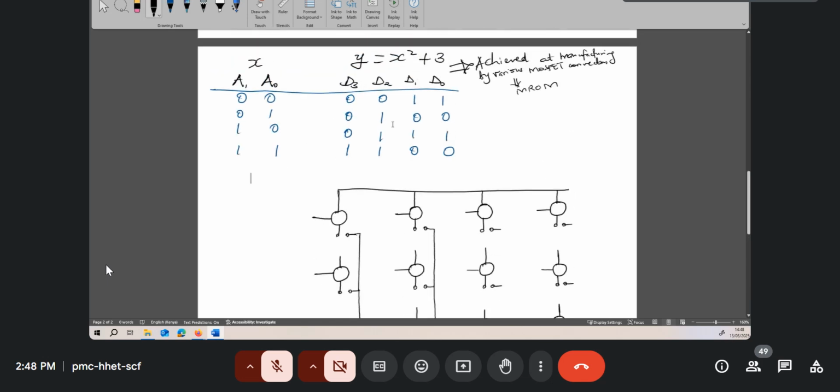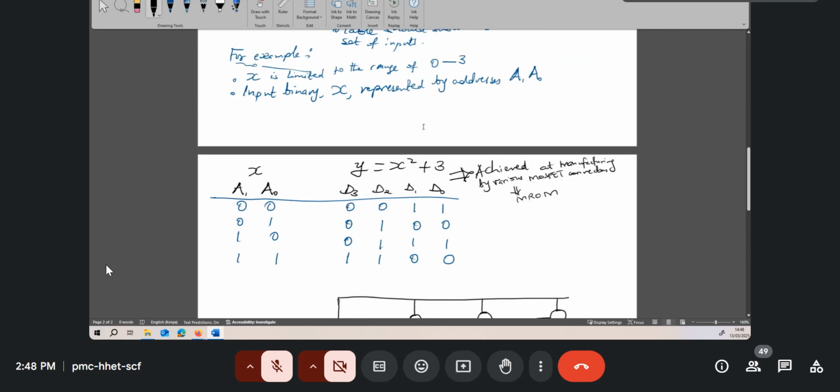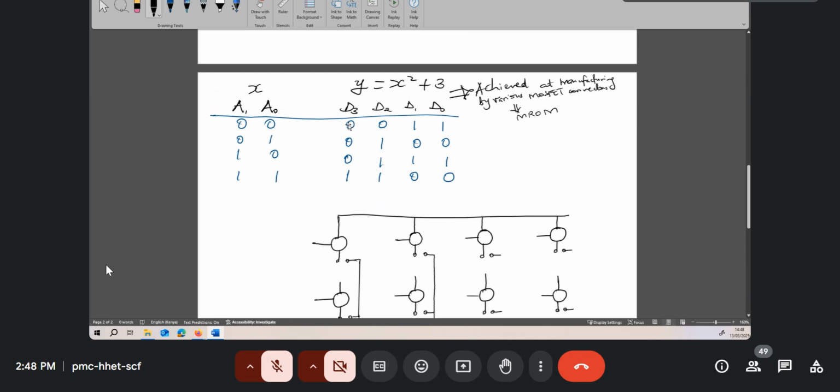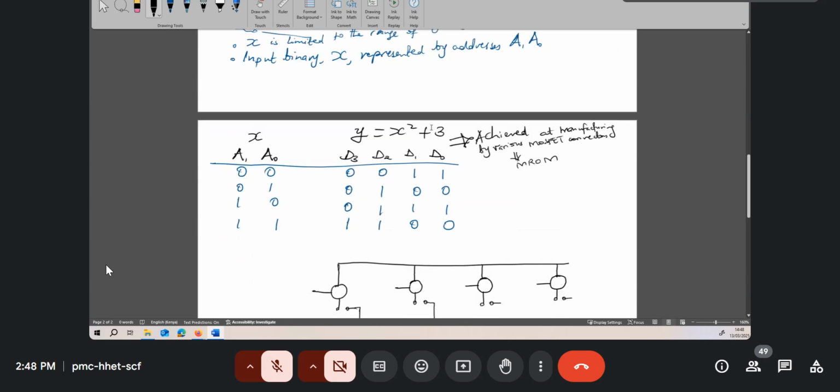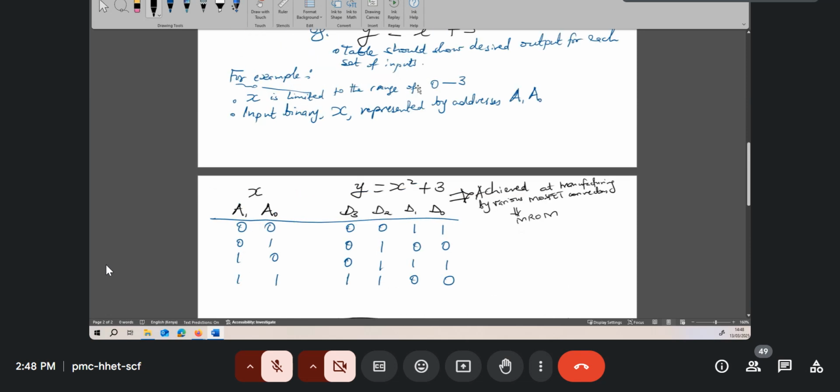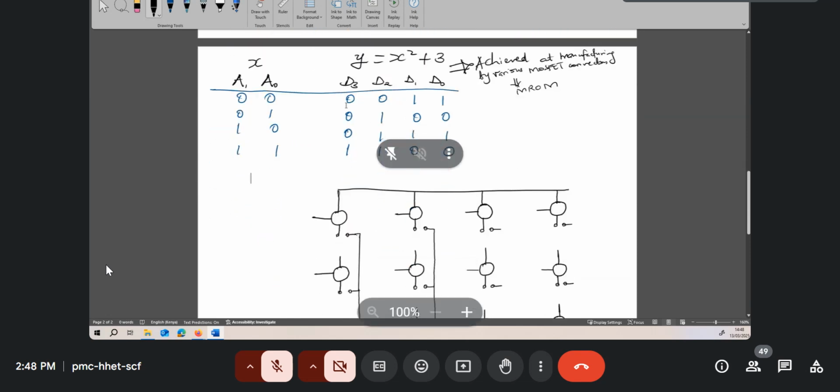So we want to store all the possible values of y, and in our case there are only 4 possible values because of our limited range of the input. How many values do we need to store in our MROM? Somebody?